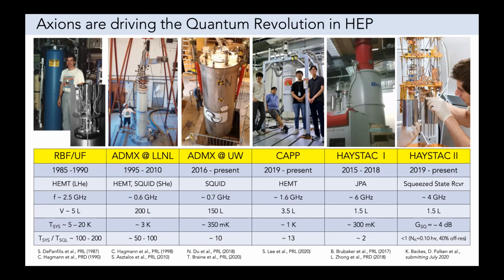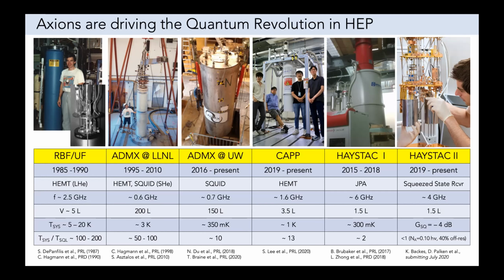The original ADMX, again, used a HEMT amplifier, a transistor-based amplifier. Later on, there was a first demonstration of a SQUID, an intrinsically quantum-limited device, but unfortunately at a physical temperature too high to fully exploit the benefits of the SQUID. But then in the past 5 years, I think we've really picked up steam.